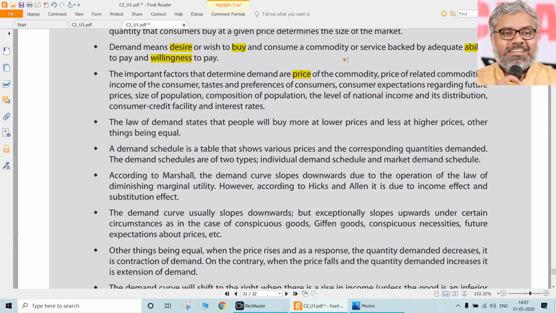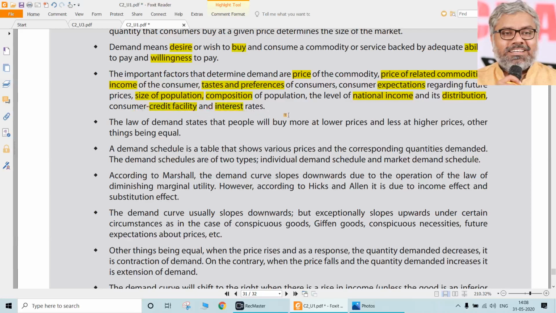One most important factor is the price of the commodity, and then the prices of related commodities, incomes of the consumers, tastes and preferences of the consumers, also the consumers' expectations related to future prices, and other factors like demographic things, size of population, composition of the population, the level of national income, like macroeconomic factors, how the distribution of national income is happening in a country, consumer credit facilities, how they are available, interest rates.